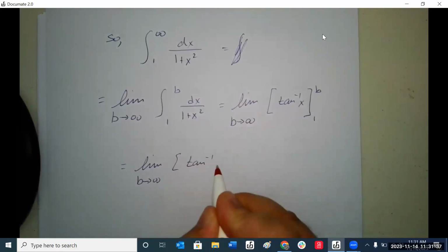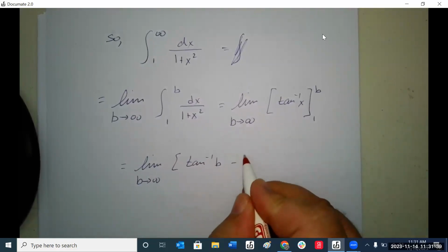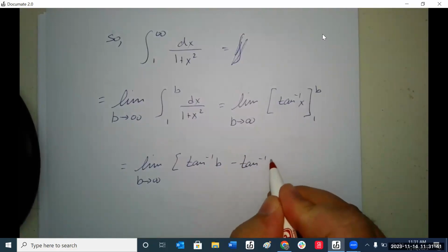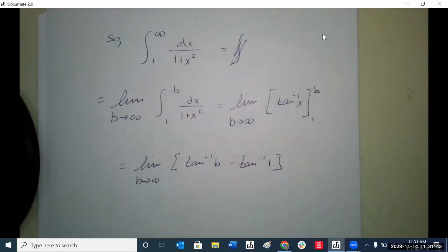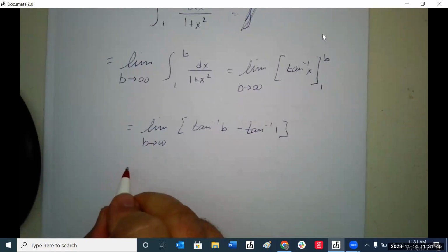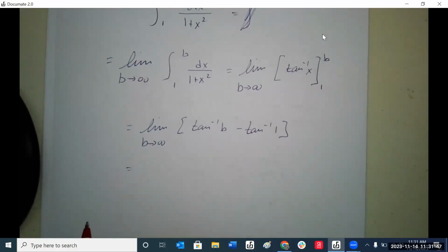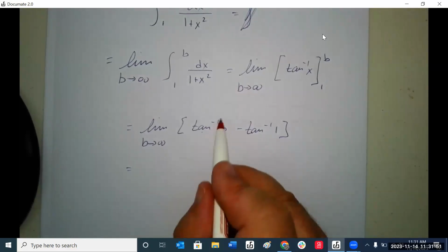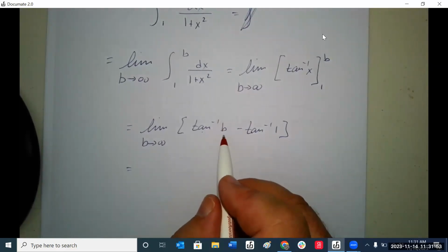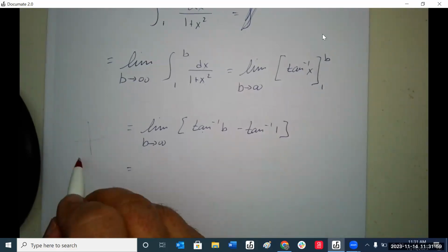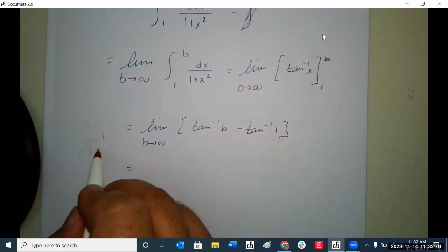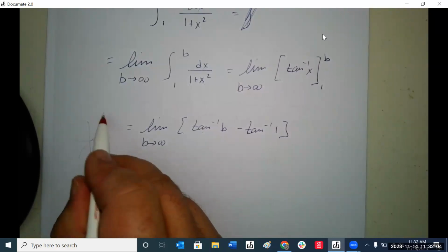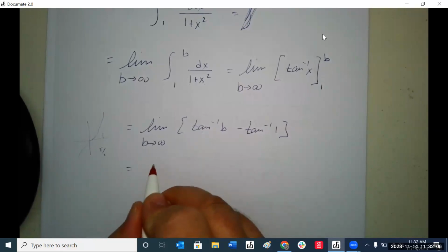That's inverse tangent of b minus the inverse tangent of 1. Now, as b goes to infinity, inverse tangent goes to pi over 2.